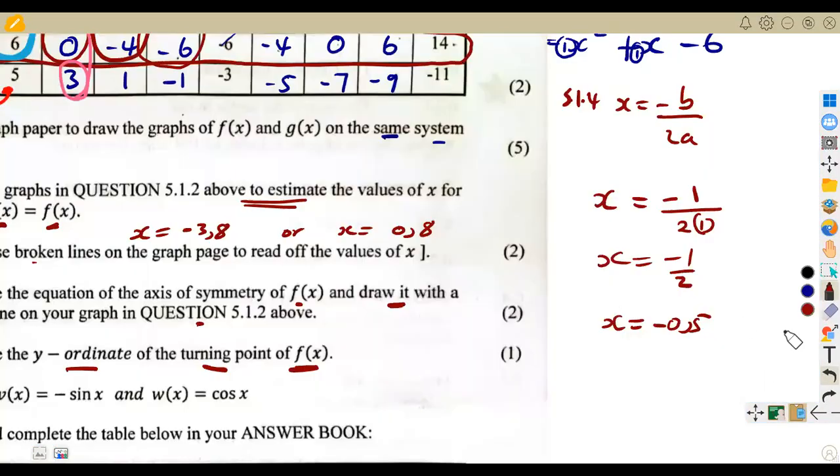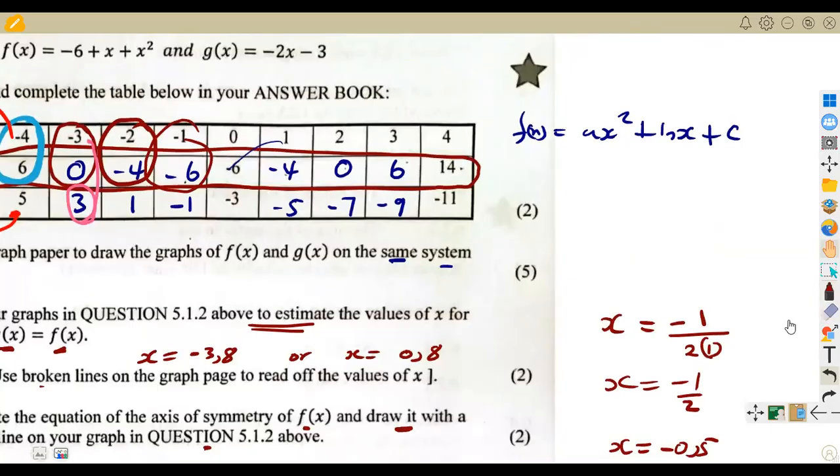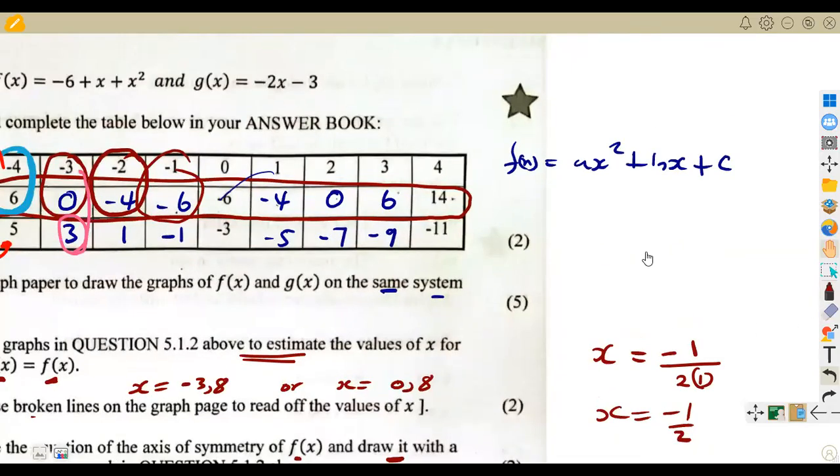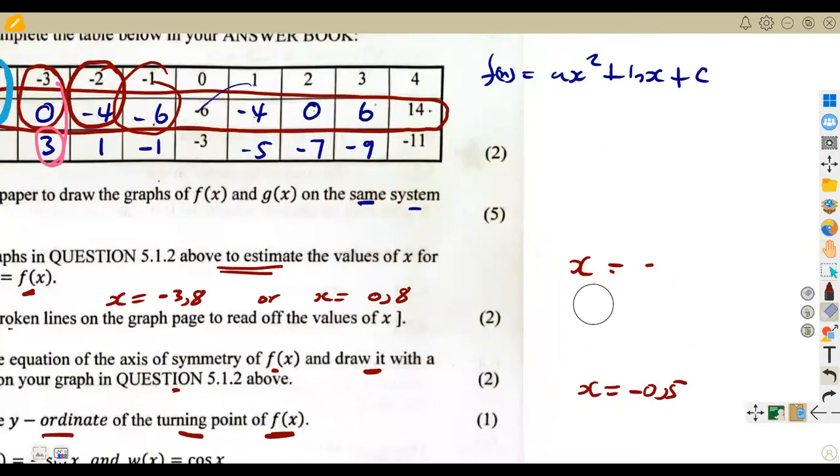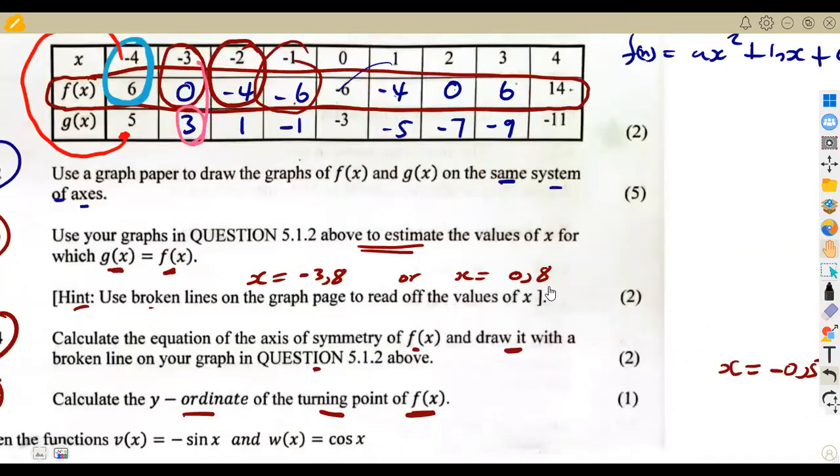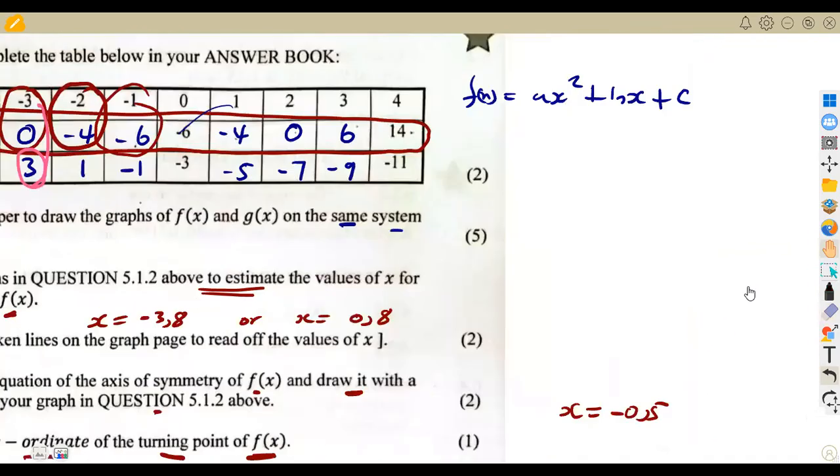The question is asking for the y value at the turning point, so we substitute our x value at the axis of symmetry into our f of x, so that we get the y value.